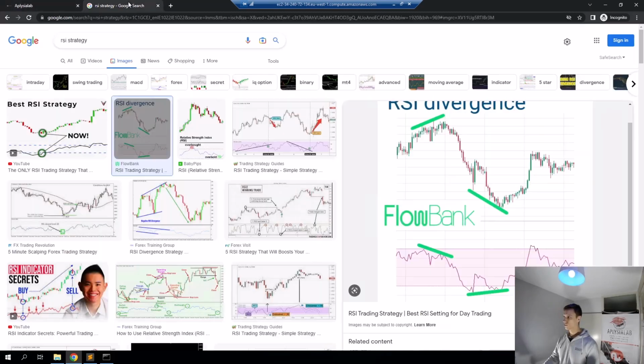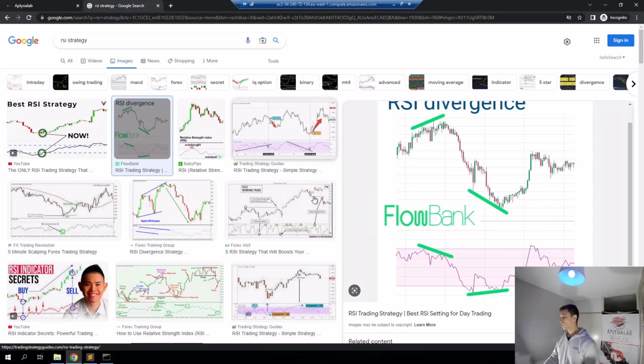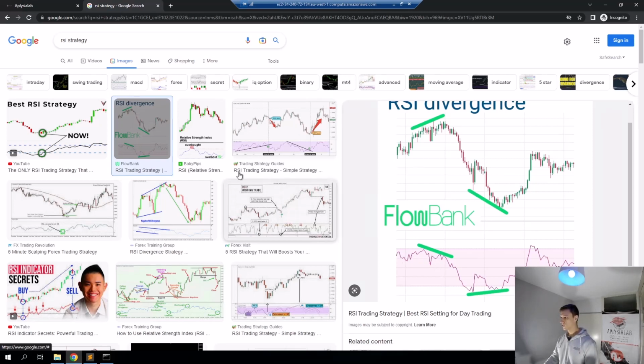In case you're unfamiliar, although most people have seen it already, it's probably the first indicator you see when you start trading. So this is the RSI down here. This is just a random picture I found on Google Image.